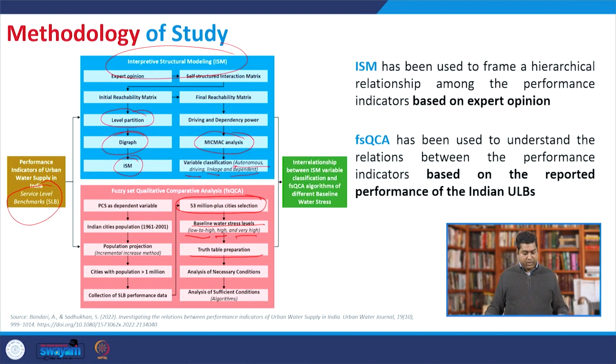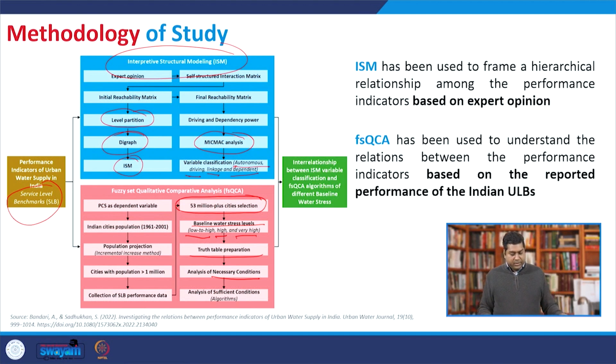In this case we have used fuzzy set qualitative comparative analysis, FSQCA. There we try to develop certain recipes, to use the technical term, which are different necessary conditions, and then we analyze the sufficient conditions or different algorithms, those recipes which can act better to manage the water.